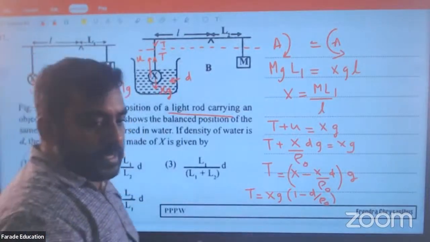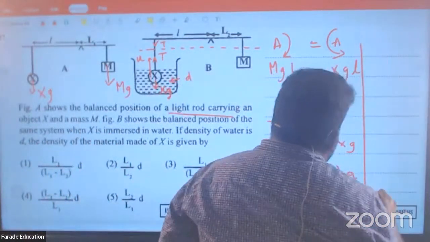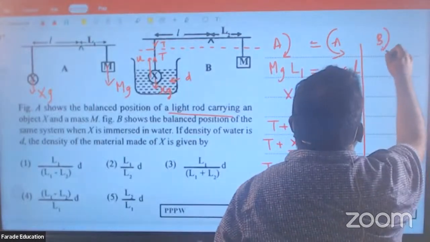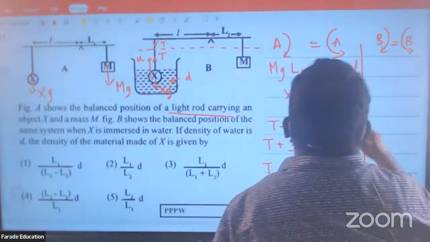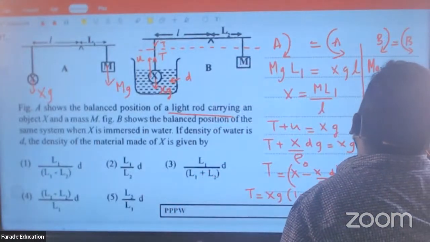Now take moments about B. Clockwise moments about B equal anti-clockwise moments about B. Clockwise moments about B, capital Mg L2.